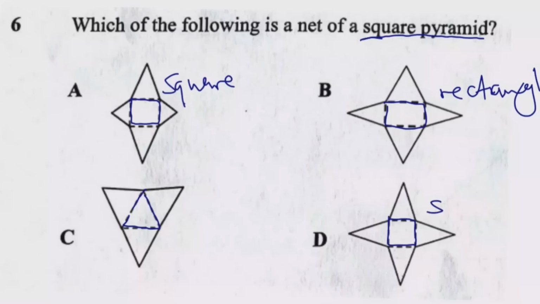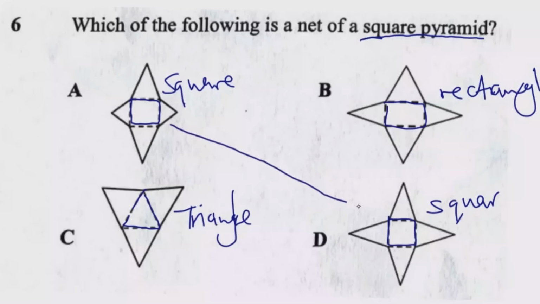This one is a square on D. On C, the base is a triangle. So now the question is, which one is a square pyramid? Now we can see that these two have bases which are square.